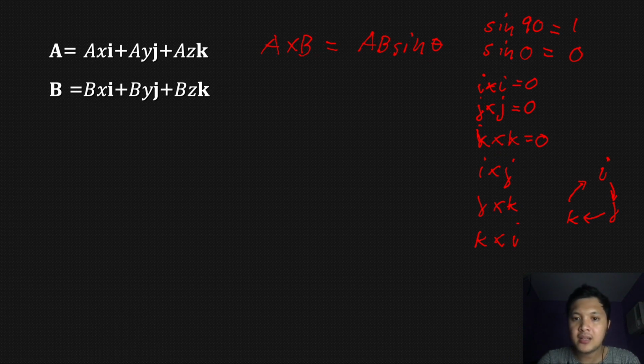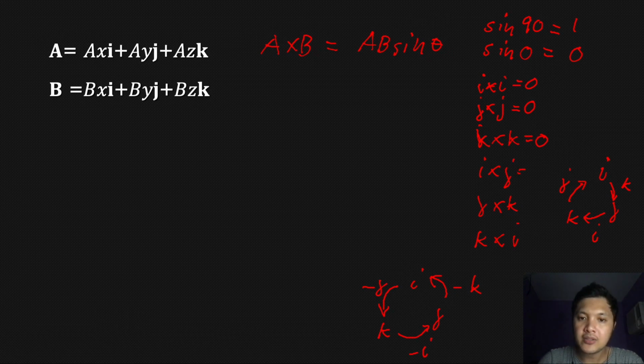I cross J, the product is K hat or K. J cross K, the product is I, and K cross I, the product is J. But if it's in the opposite direction, I cross K is negative J, K cross J is negative I, and J cross I is negative K. So these are the rules.